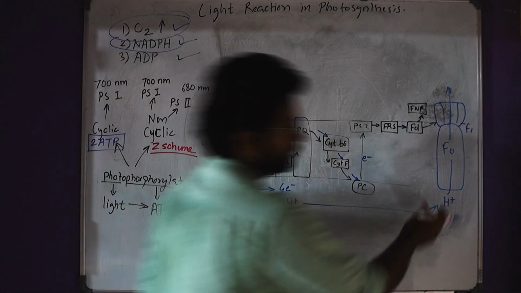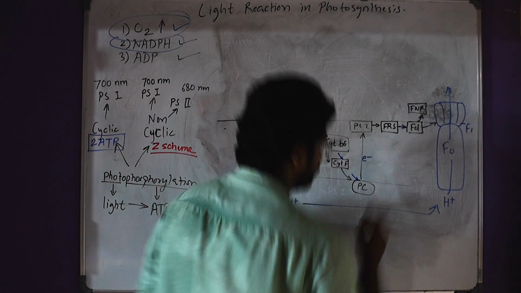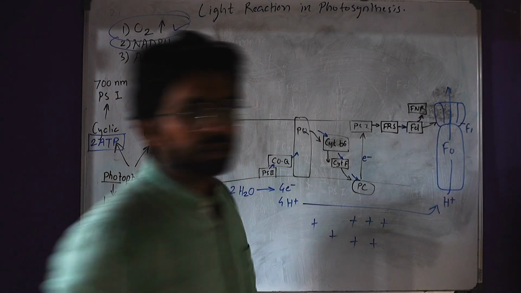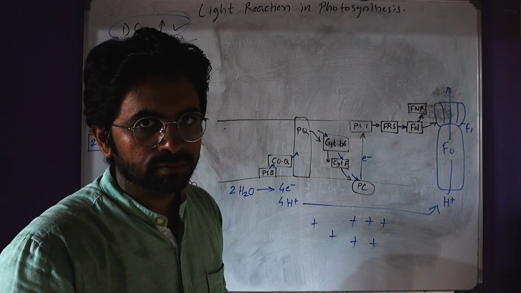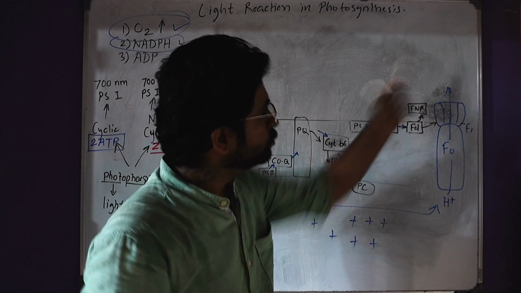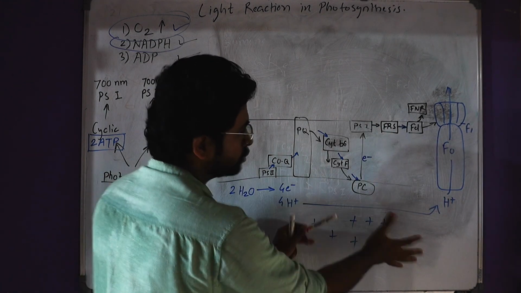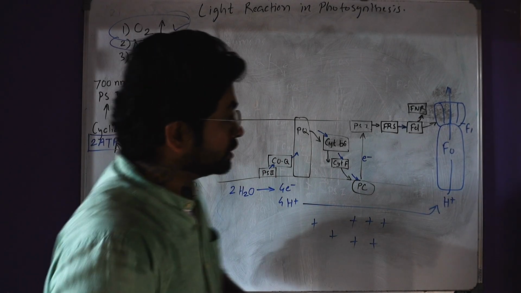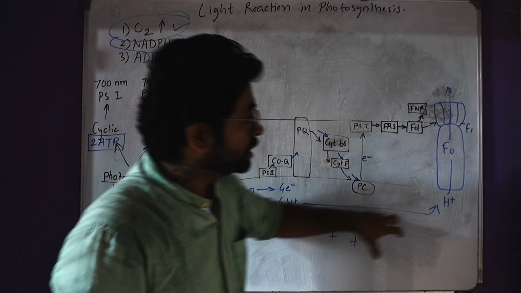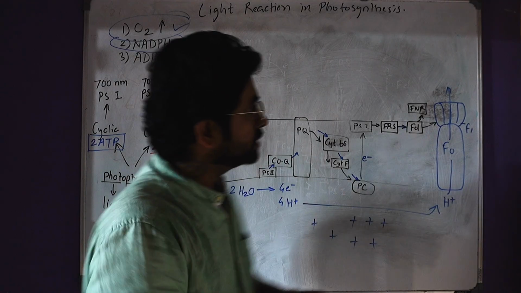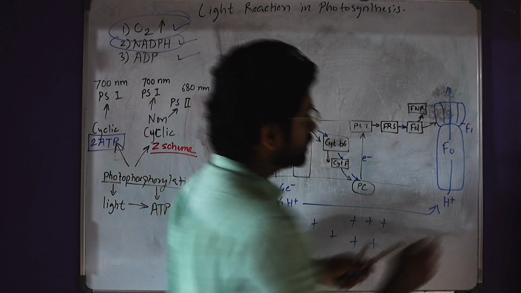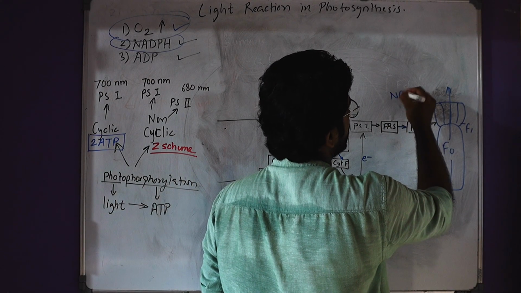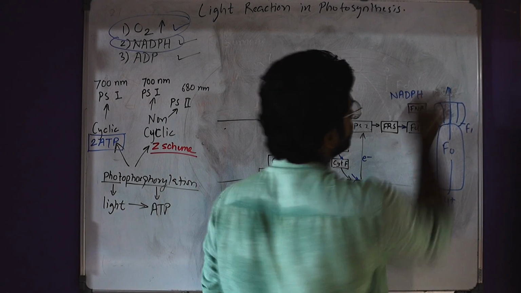Because see, if proton is traveling from high concentration to low concentration area, it is traveling along the gradient. Okay, this is movement of proton along the gradient from high concentration area to low concentration, but we want to maintain this gradient. We cannot afford the reversal of gradient. So if H plus ion is going outside, we know that this H plus ion will be used to form NADPH.